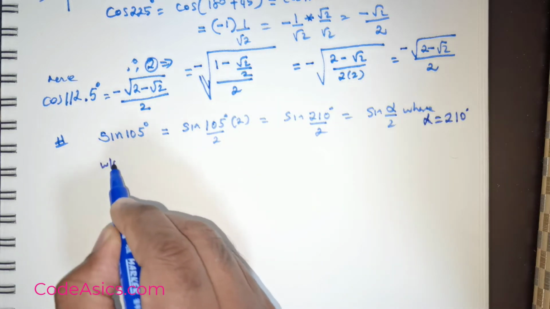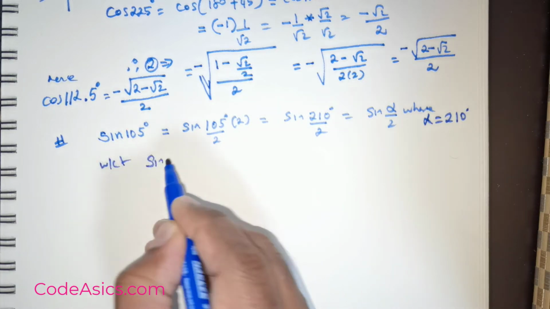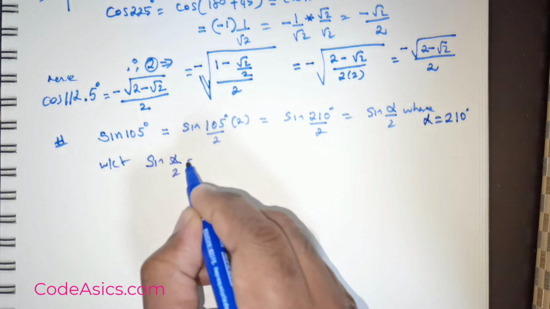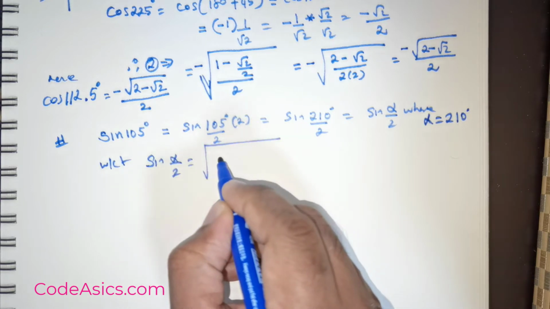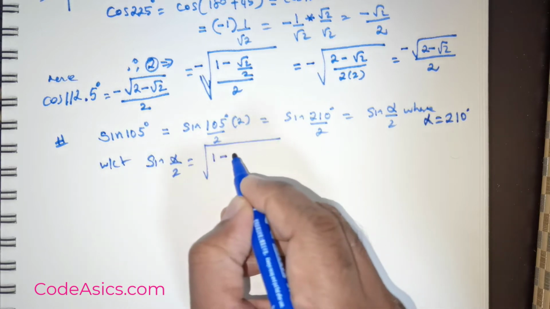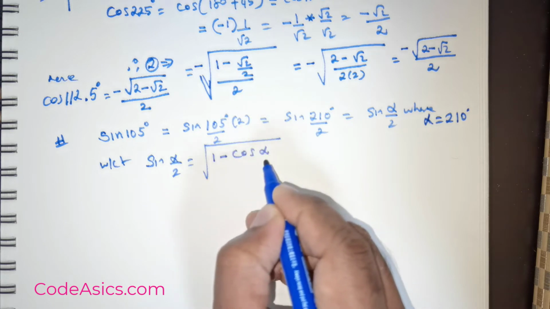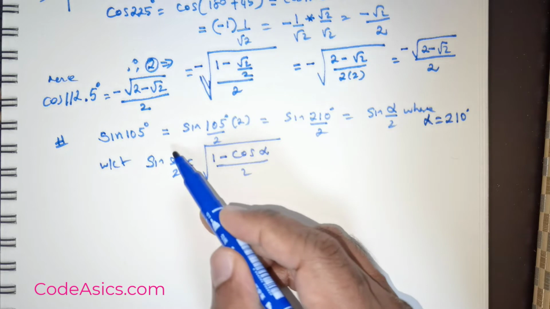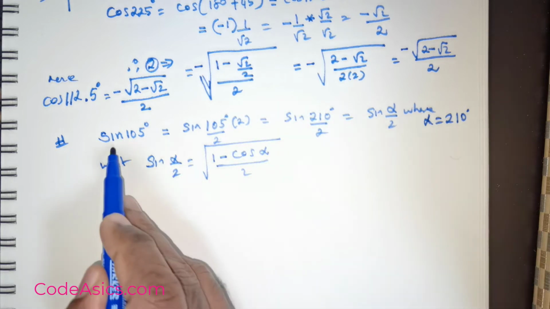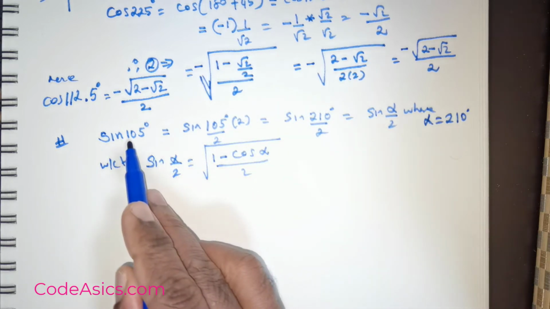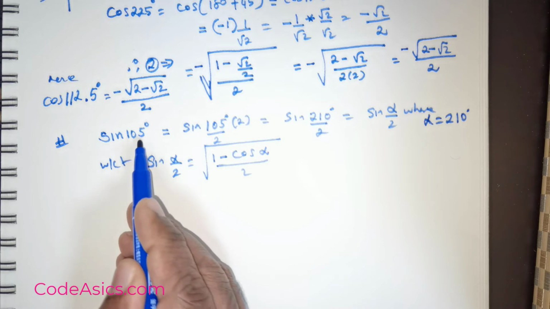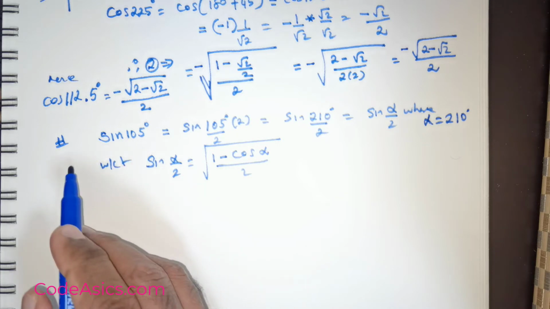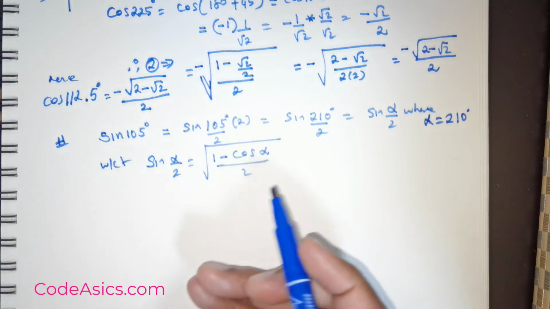Now we know this formula. We know that sine of alpha over 2 is equal to root of (1 negative cos alpha) divided by 2, of course depending upon where the value of alpha over 2 lies. In this case it's going to be positive for the very fact it's 105, and that is present in quadrant number 2 where sine is positive.